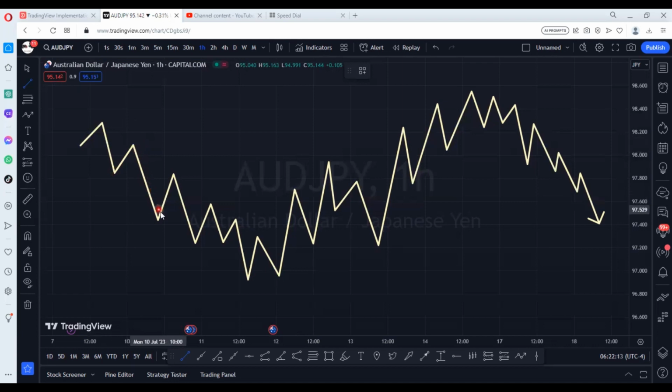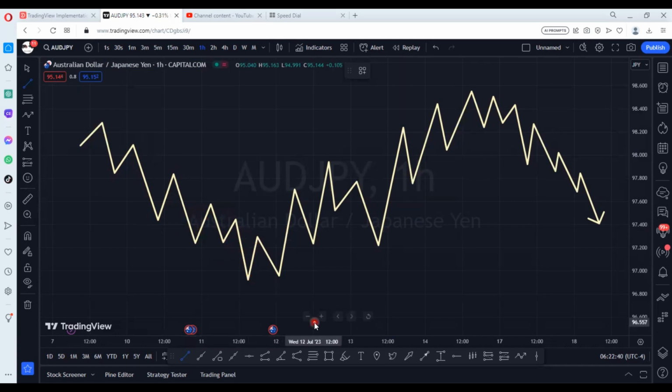The down move must take the previous low, and it must not take the previous high. If it did not take the previous high, know that it's not going to buy. If it takes out the previous low and did not take out the high, it's still going to sell. It's still going to drop.